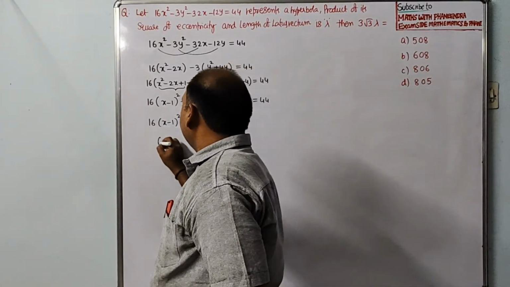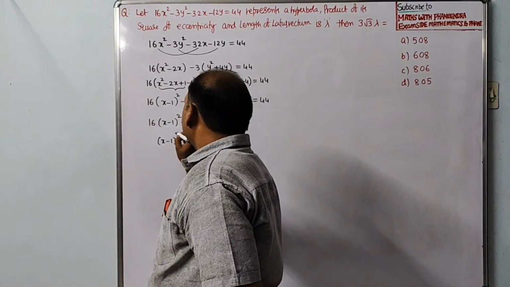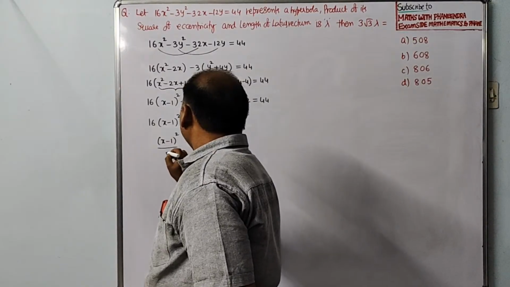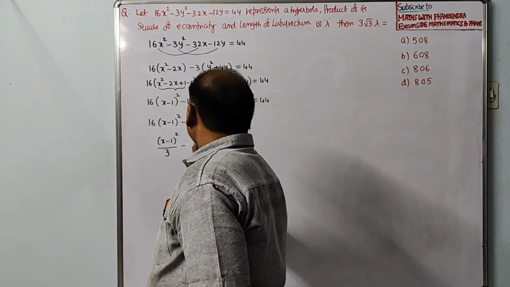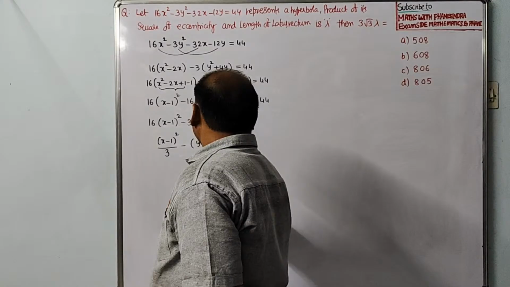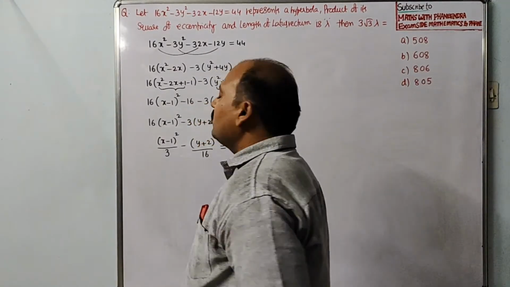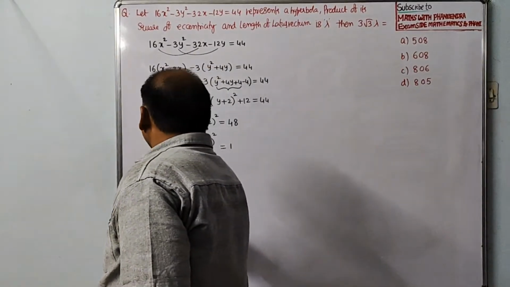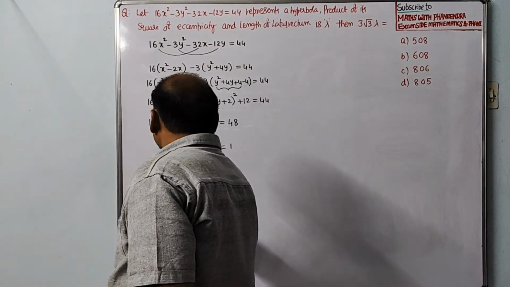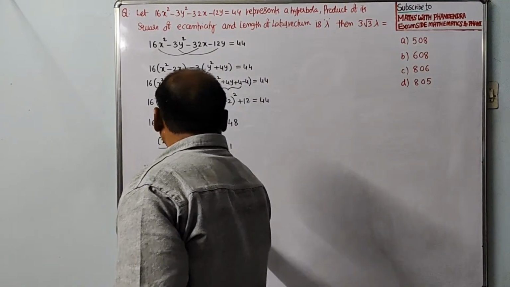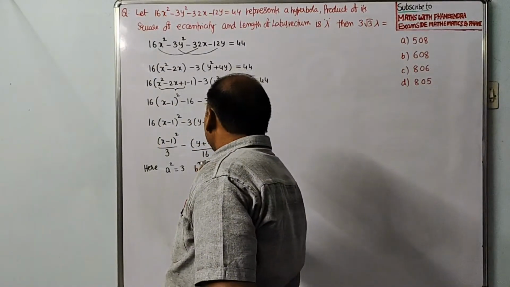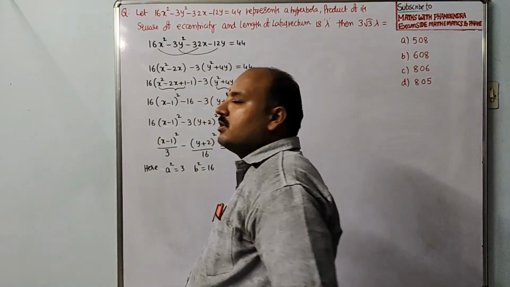Dividing by 48, (x minus 1)² by 3 minus (y plus 2)² by 16 is equal to 1. So here a² equals 3 and b² is equal to 16.